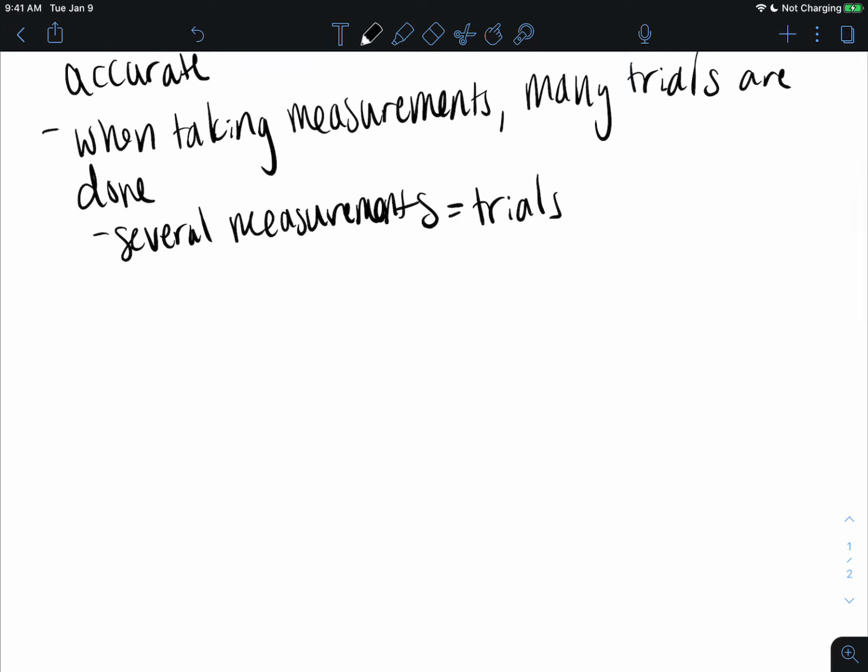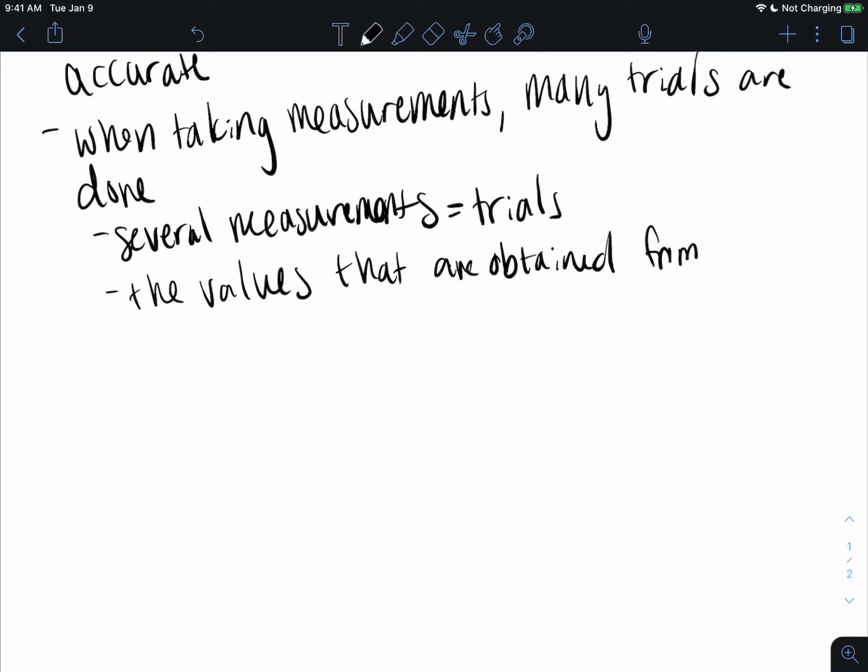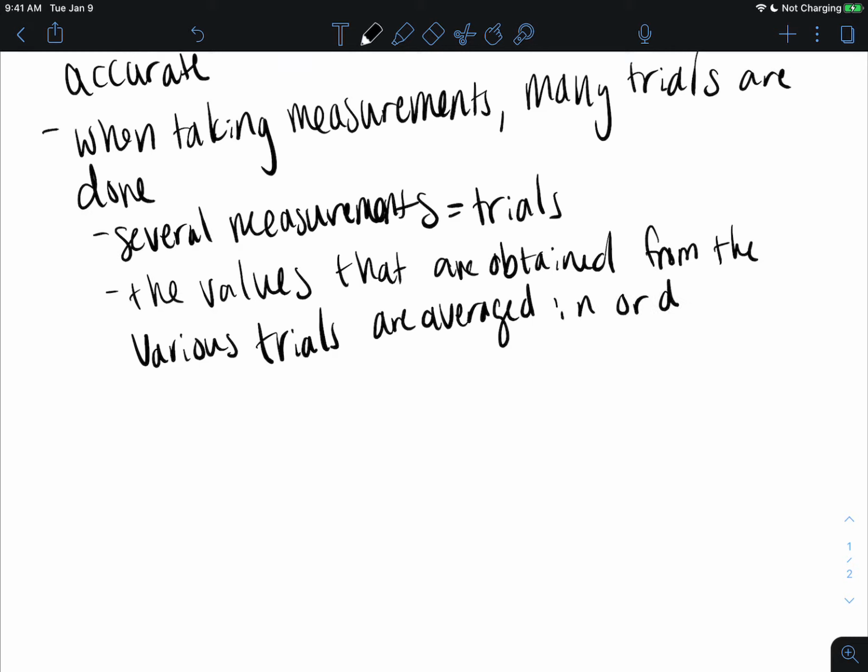So when we take all these measurements, we're going to average those values. The values that are obtained from the various trials are averaged in order to obtain a good measurement.